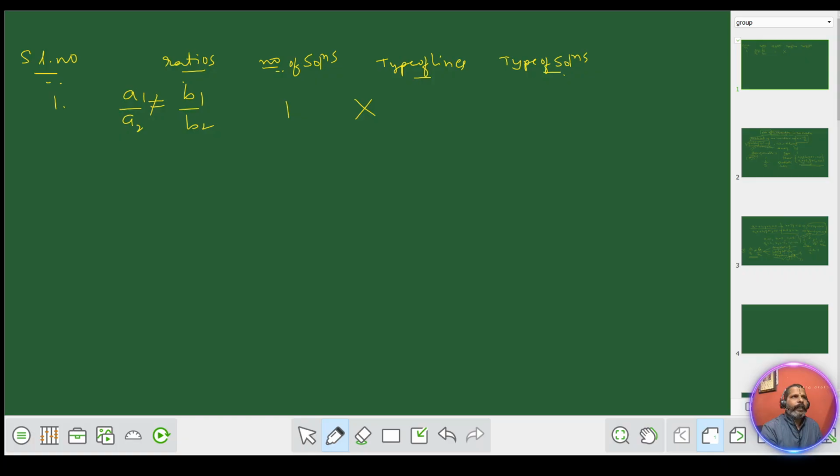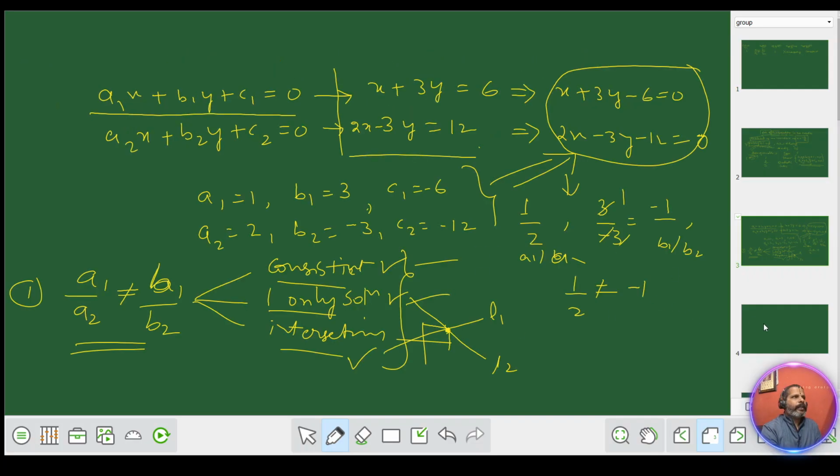Please take a note of this table. Very important. Intersecting. What is the type of solutions? Consistent. Now we'll move to the next ratio.